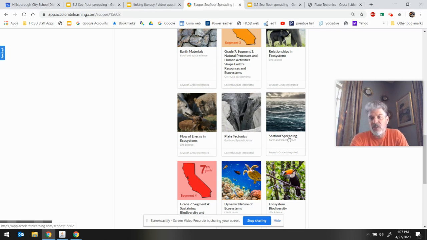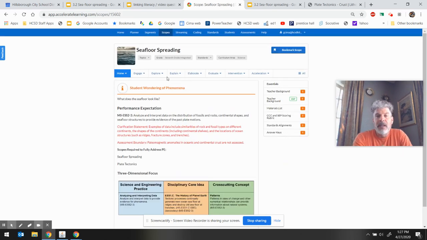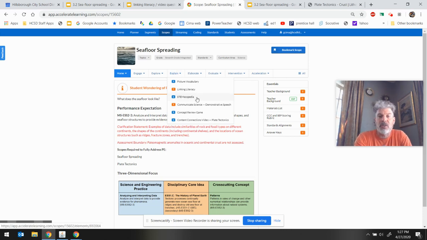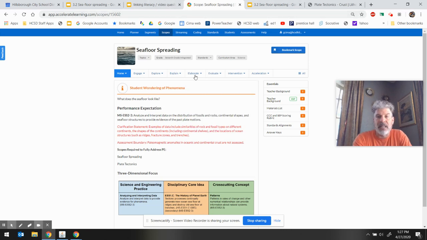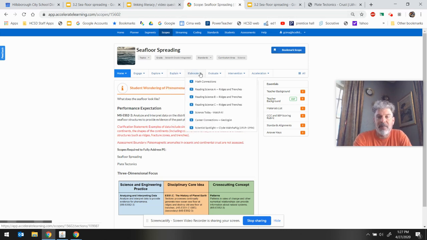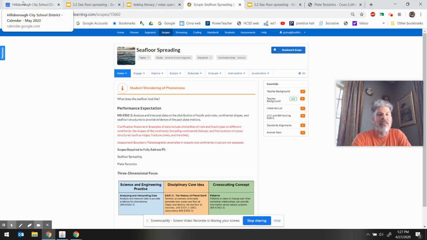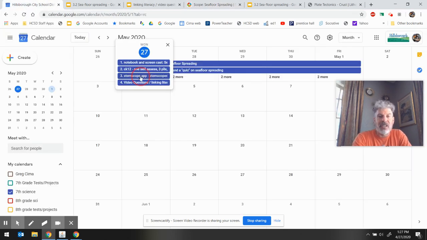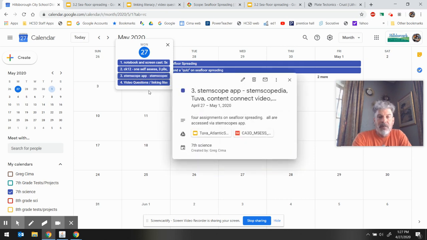So seafloor spreading is where we're at. We take a look at some of the assignments I placed in for you. We have the STEMscopedia as one of the assignments. The Explorer, we have the TUVA Atlantic Seafloor assignments. And what else did we put in there this week? I can't remember. I get in between my other classes. I think I spared you a lot of the stuff. Let's see, STEMscope. I wrote down what we're doing.